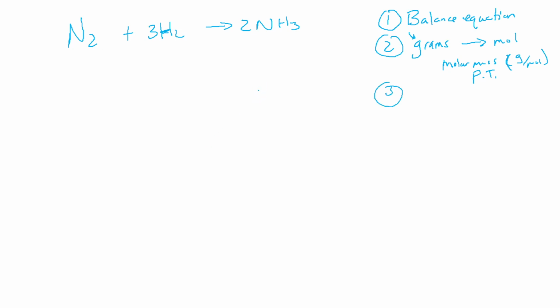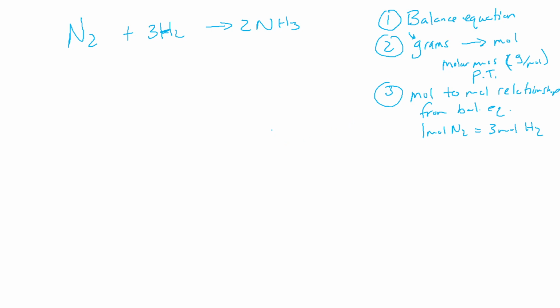Step number 3 is the actual stoichiometry step, the mole to mole relationship from the balanced equation. You're going to find the 2 things you're interested in. Like, for example, 1 mole of N2 is 3 moles of H2.